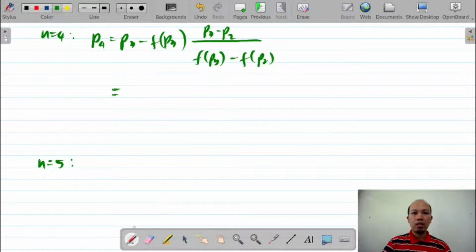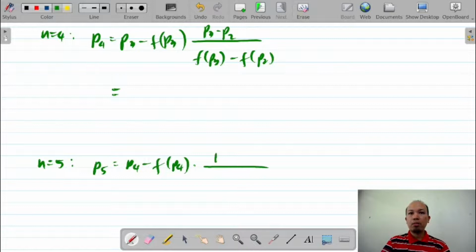So this is the formula for n is equal to 5: p sub 4 minus f of p sub 4 times the quantity p sub 4 minus p sub 3, over f of p sub 4 minus f of p sub 3.